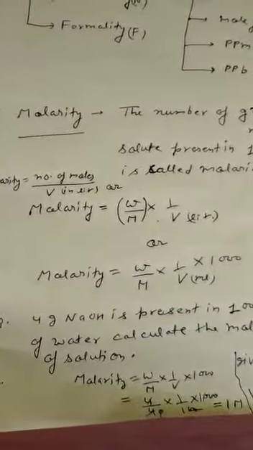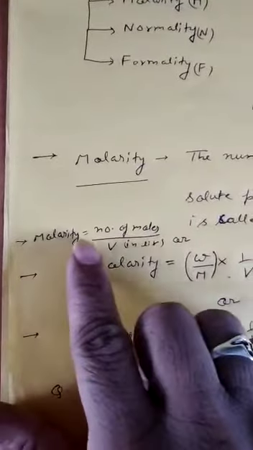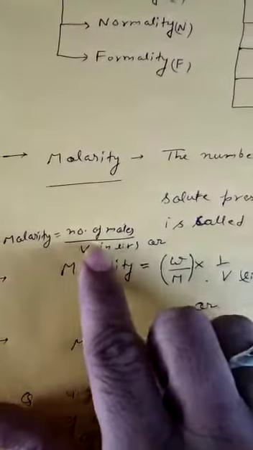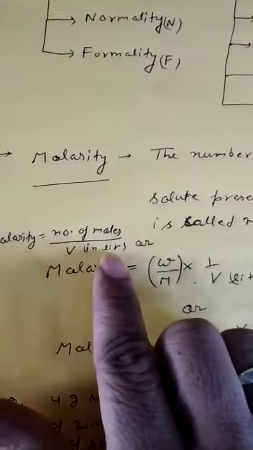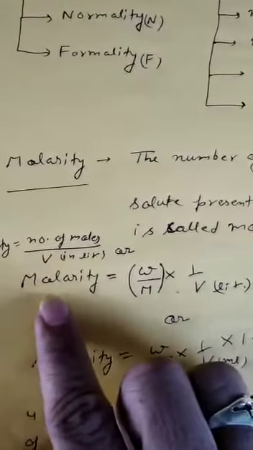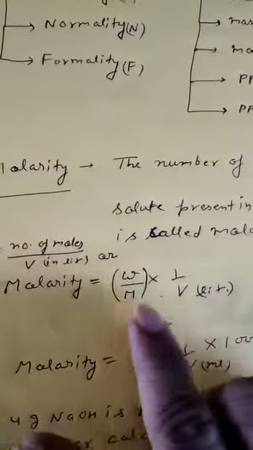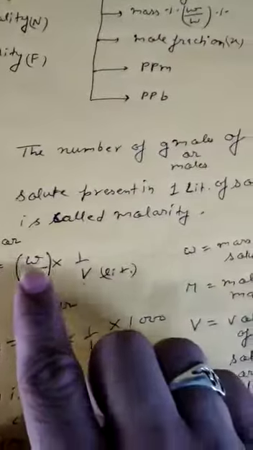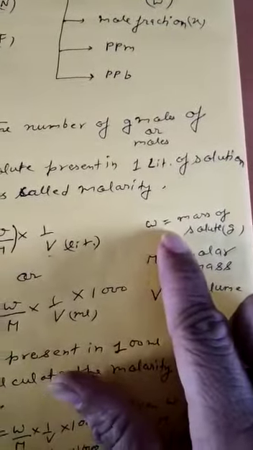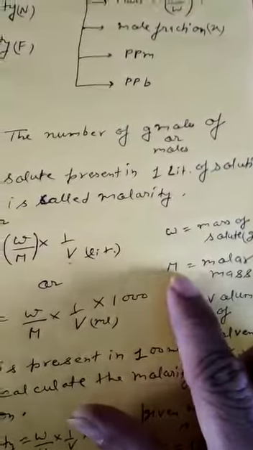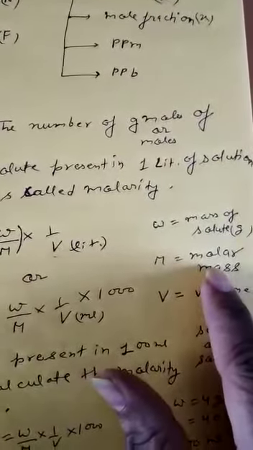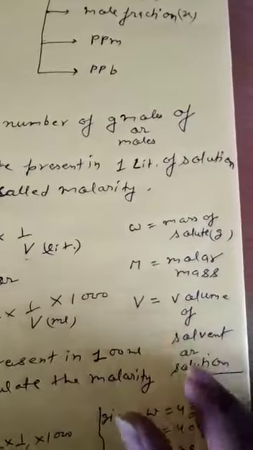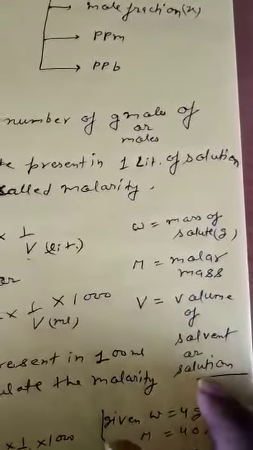First one, molarity is equal to number of moles of solute divided by volume of solution in liter, or molarity is equal to W by M into 1 by V, where W is mass of solute in gram, M is molar mass of solute, V is volume of solution in liter.